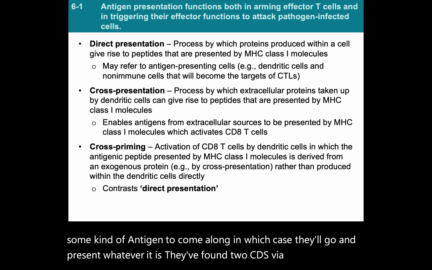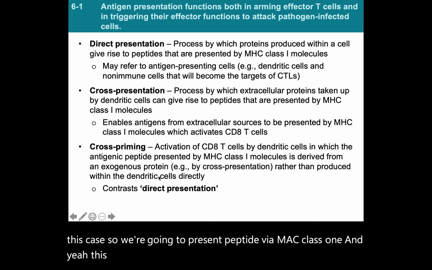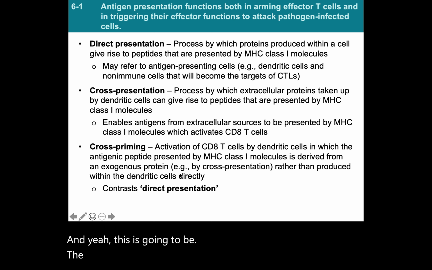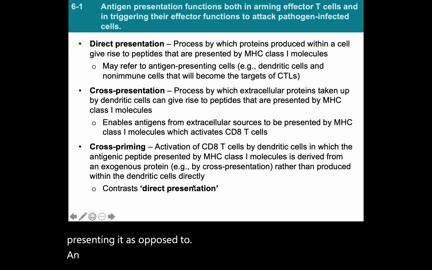So we're going to present peptide via MHC class 1, and this is going to be the result of cross-presentation, picking something up and presenting it, as opposed to direct presentation. So cross-priming is essentially cross-presentation.